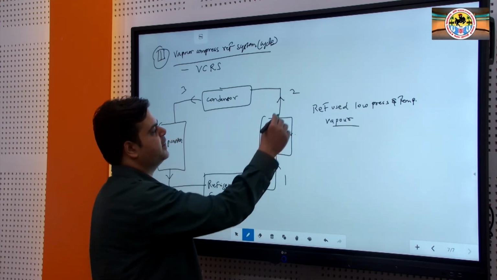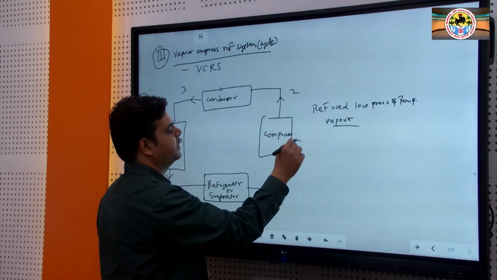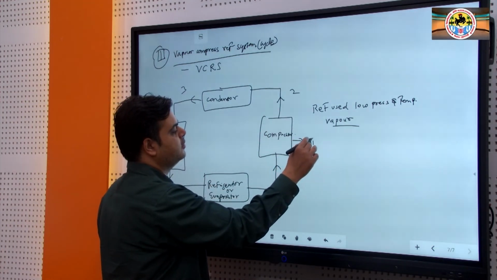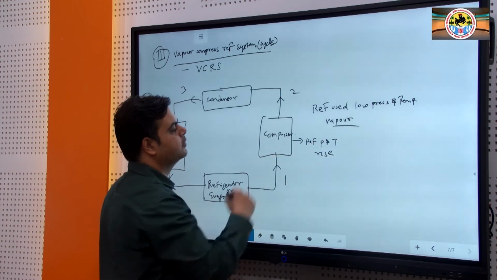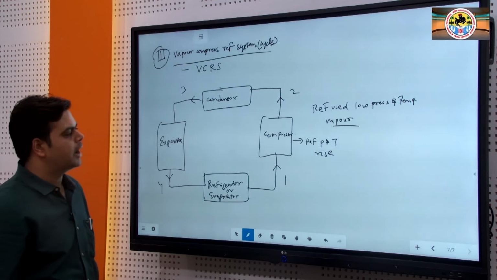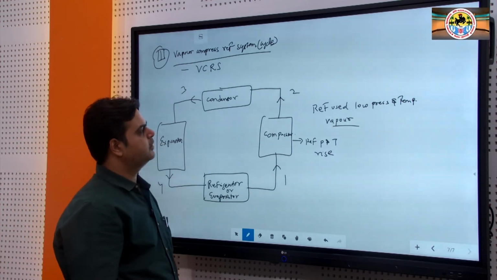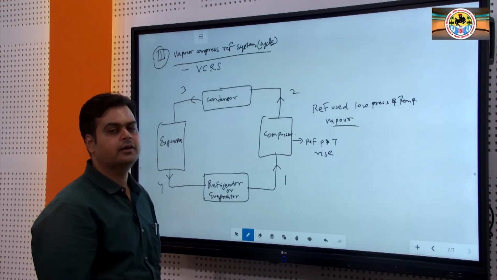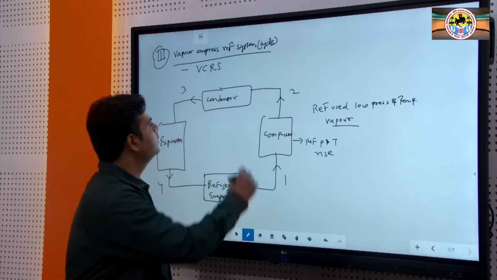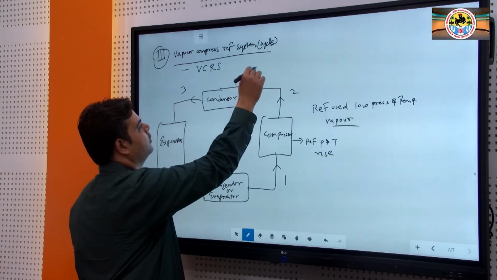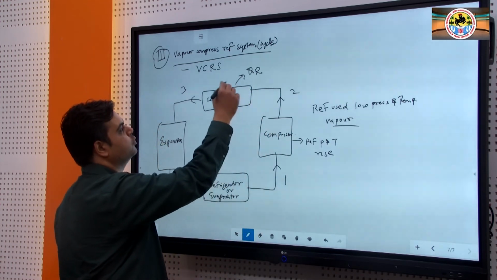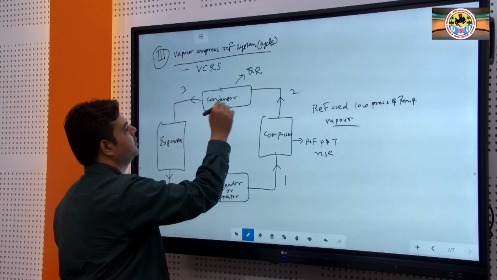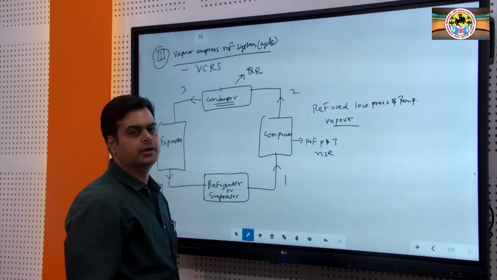So, the pressure and temperature will rise. In the compressor, the refrigerant pressure and temperature will rise. So, after rising from the compressor, it goes to the condenser, where some heat is rejected, and it is condensed.